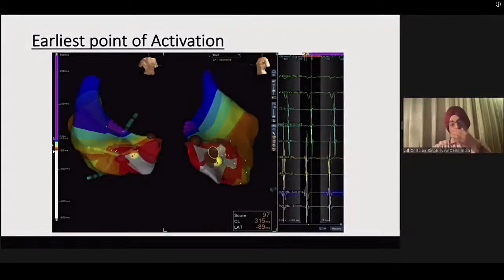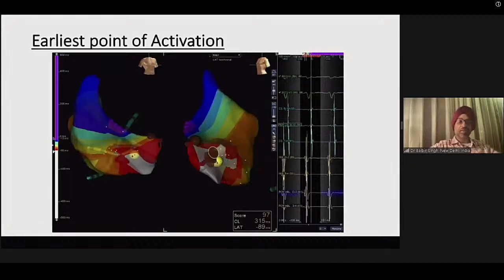As you can see, we have these yellow dots as the His bundle markers. This cloud of two or three yellow dots indicates where the His is located, and the earliest activation is very much on the His.